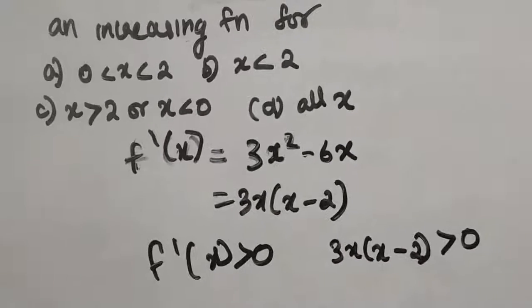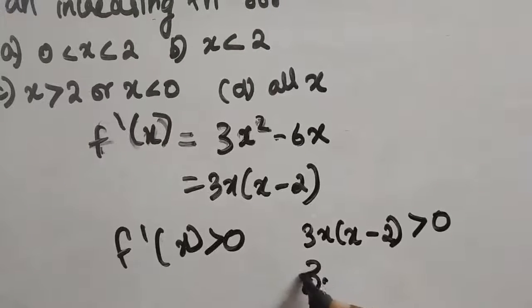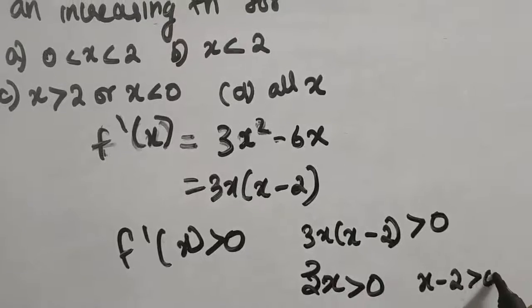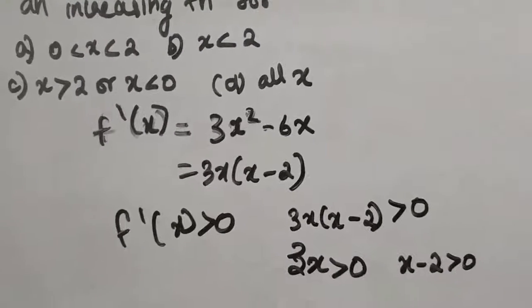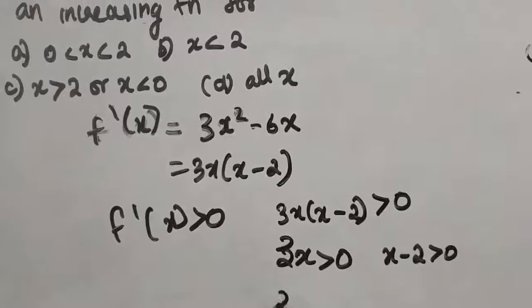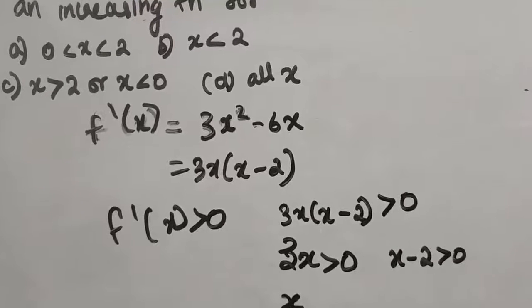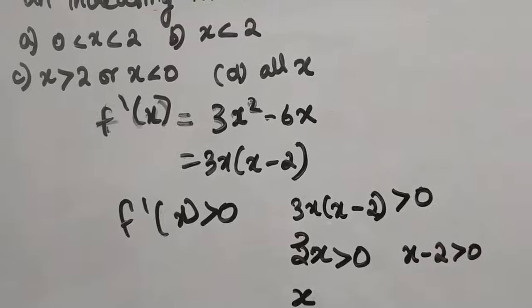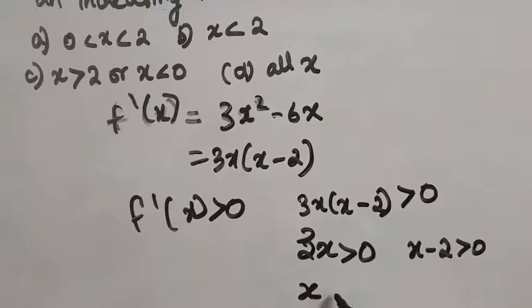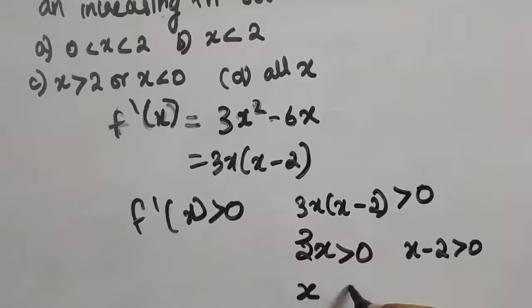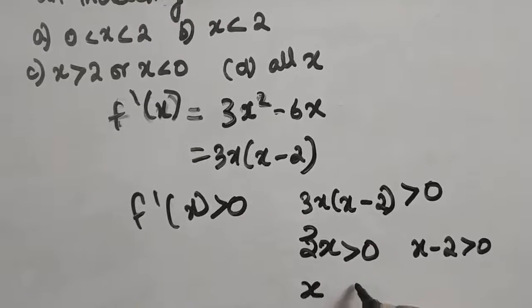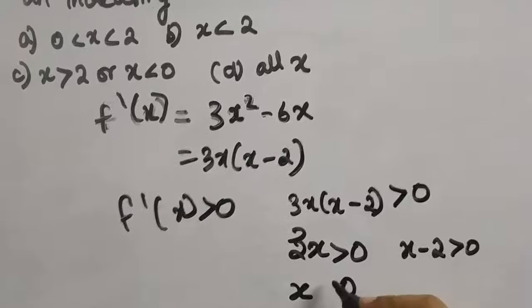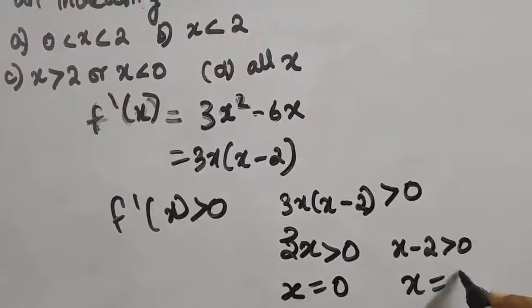That implies 3x greater than 0 or x minus 2 greater than 0. So we get two values for x. If I equate that to 0, I'll get x is equal to 0 and x is equal to 2.